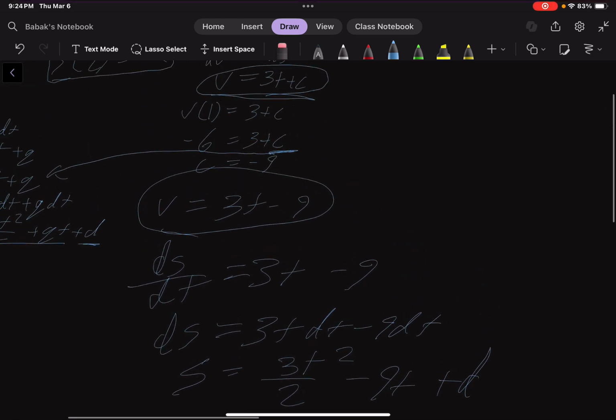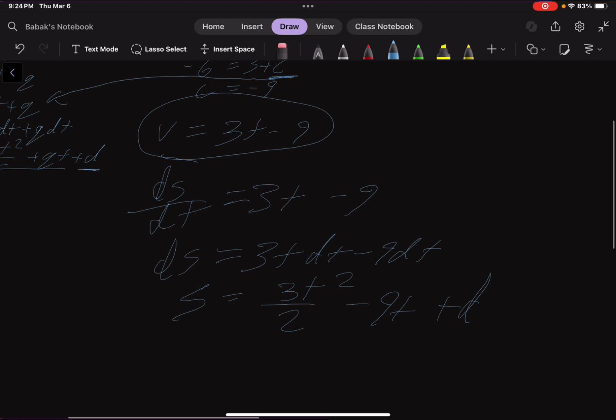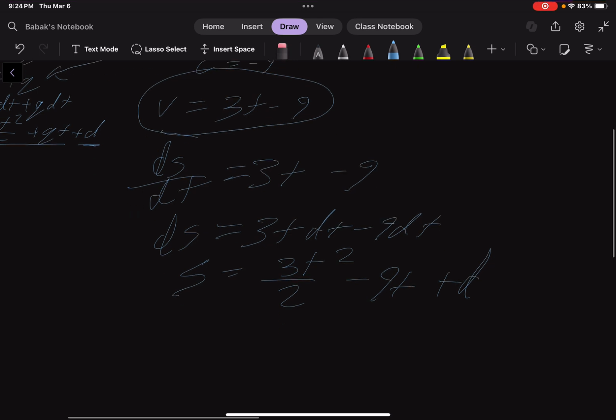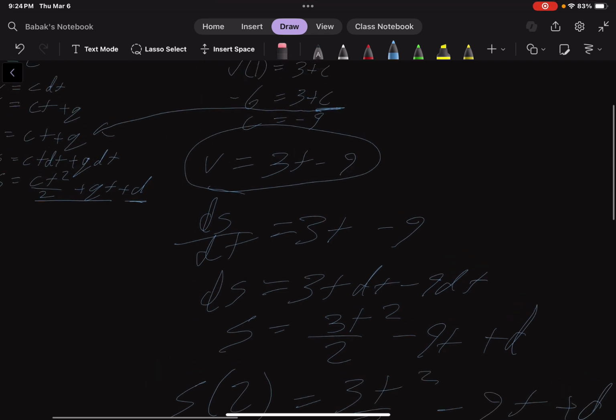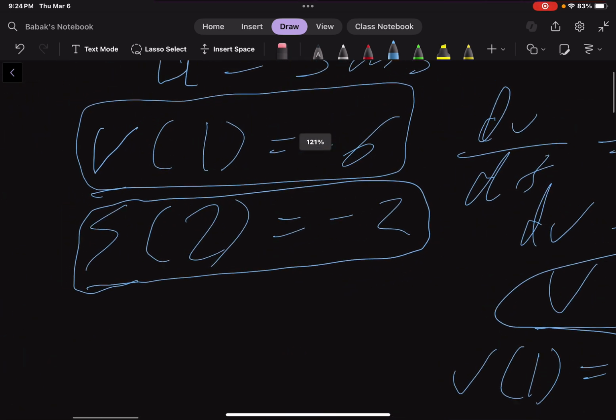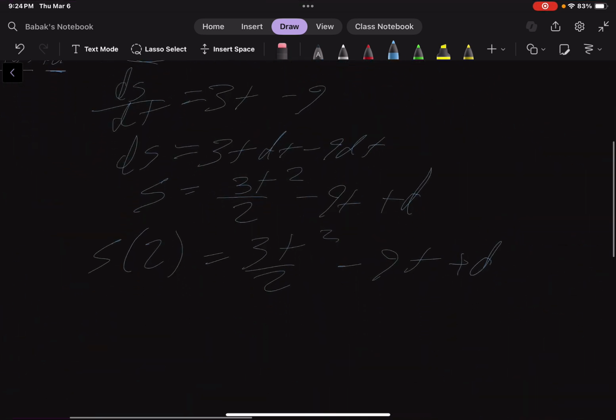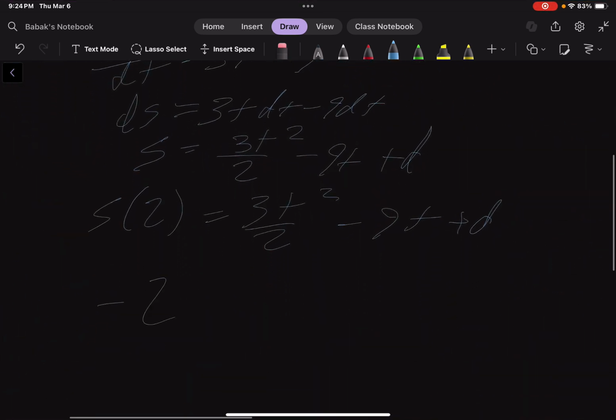Now that we have this, we must once again return to our initial condition, wherein S2 is equal to 3t squared over 2, minus 9t, plus d. And once again, as you can see, S2 is equal to -2. So on this side we have -2, and on this side we have 2.